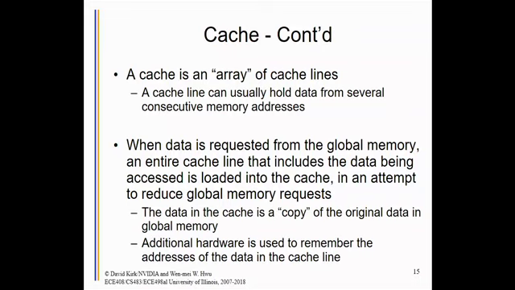But in cache, there's always a very strict correspondence between the cache version and the global memory data. So additional hardware is used to remember where each cached data byte corresponds to in the global memory. That correspondence is always maintained in the cache.